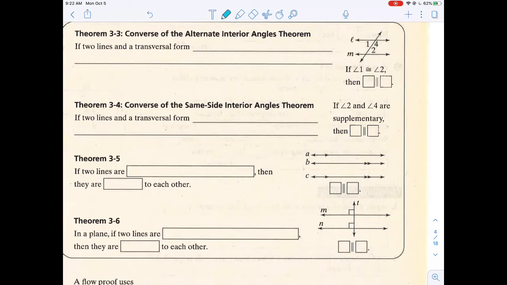Instead, we're saying if the two lines in the transversal form congruent alternate interior angles, then the two lines are parallel.